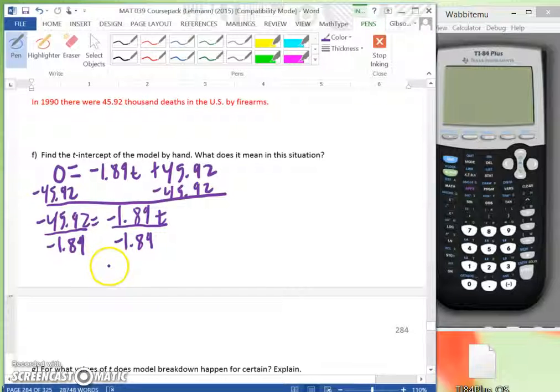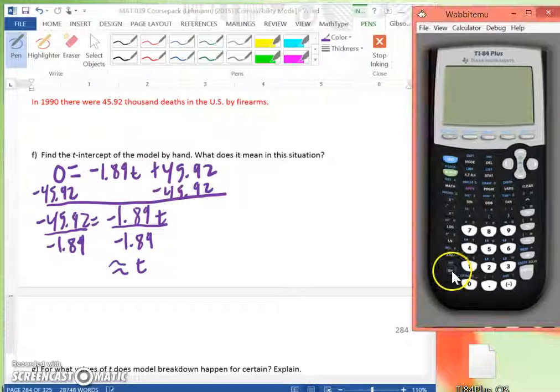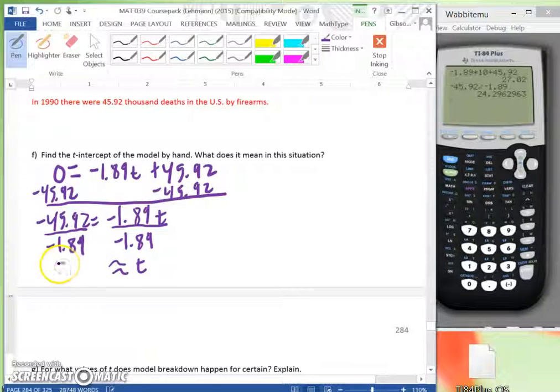And we know this will be an approximation because we're going to round to two decimal places. So we will have negative 45.92 divided by negative 1.89. That will give us approximately 24.30.